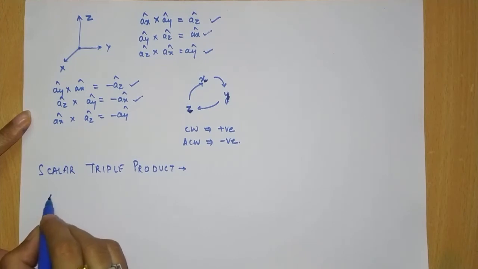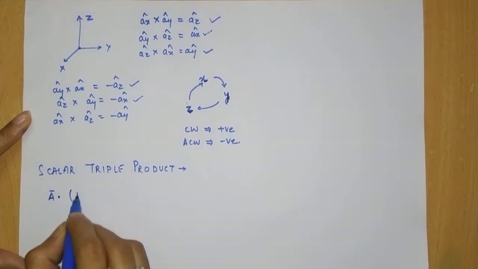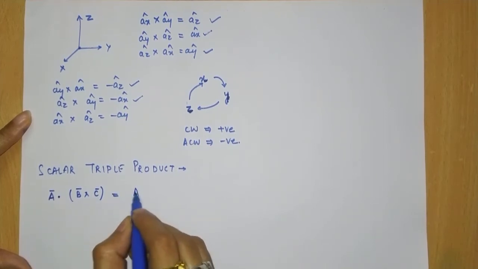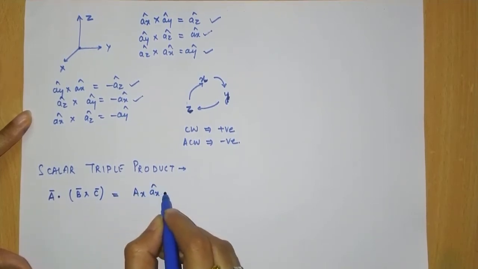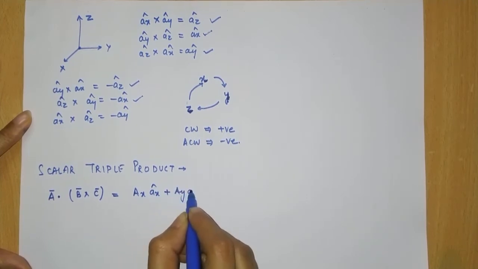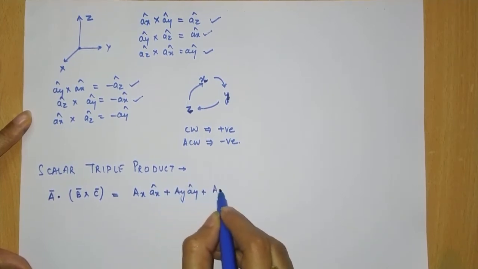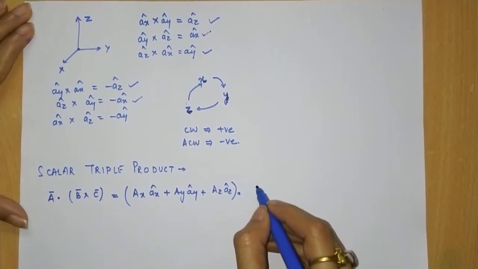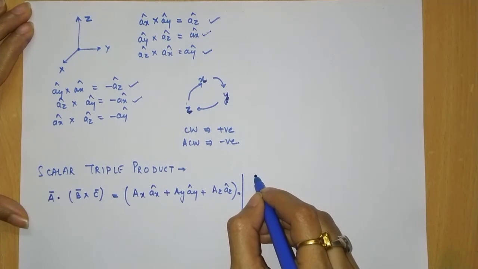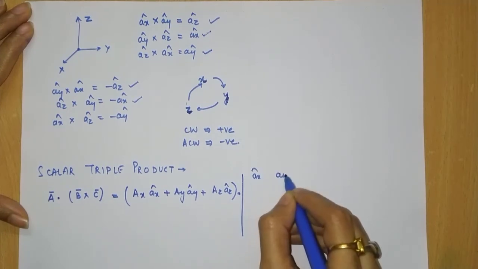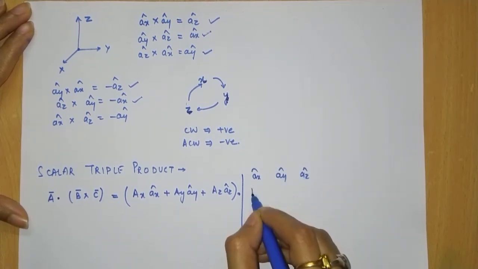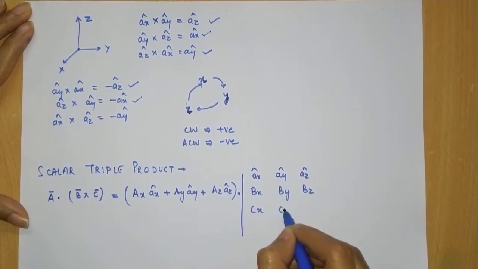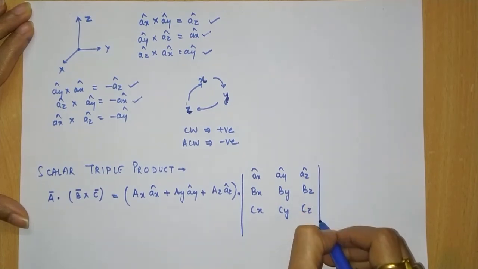So this is written as A vector dot B cross C, which is written as ax cap plus ay cap plus az cap dot the determinant of ax cap, ay cap, az cap, bx, by, bz, cx, cy, cz.